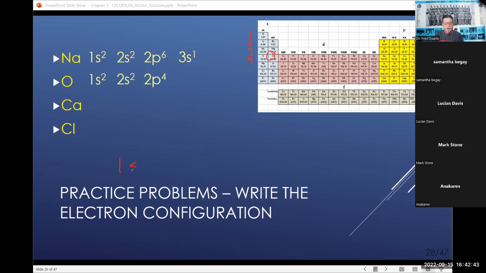So that means that 1s is there, the 2s is there, the 2p is there, the 3s is there, and the 3p. Now you might see the 3d there, but remember the d is also in the 3rd energy level, but I'll say something about that. And then we got the 4s.